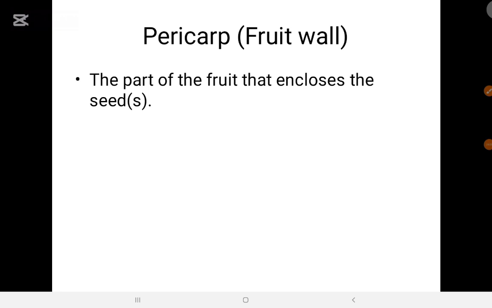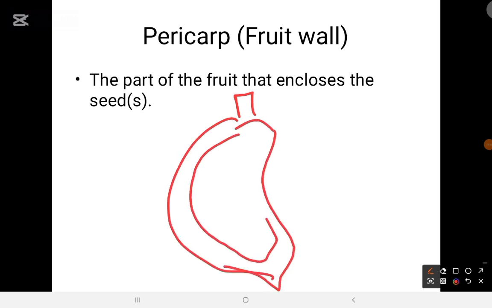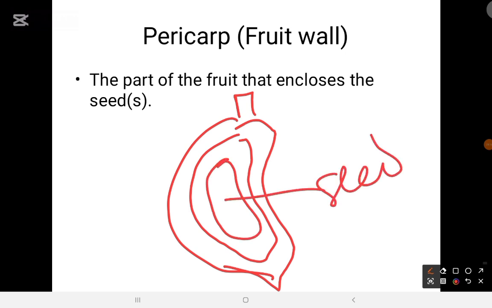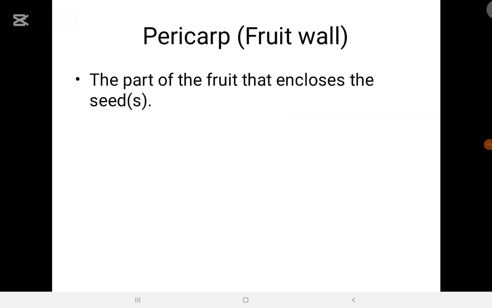So a typical fruit, you draw it like this. This is going to be the seed, and this is going to be the epicarp. Basically the word peri means surrounding, or around.